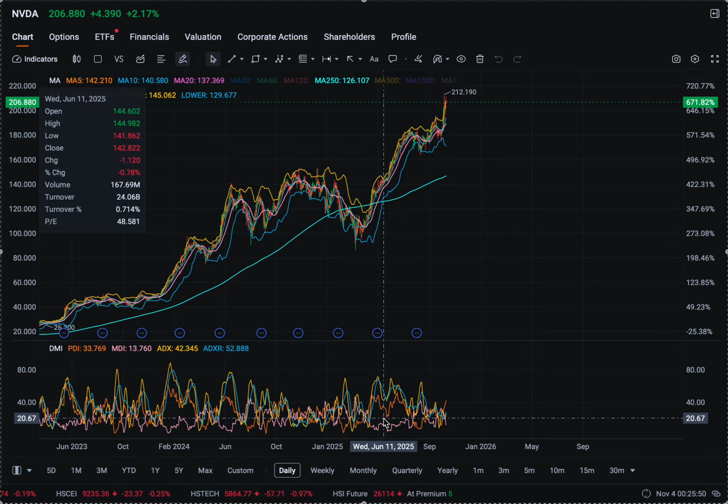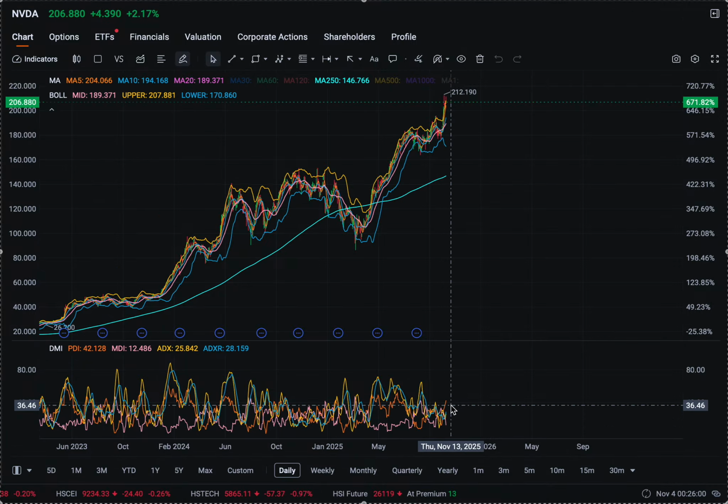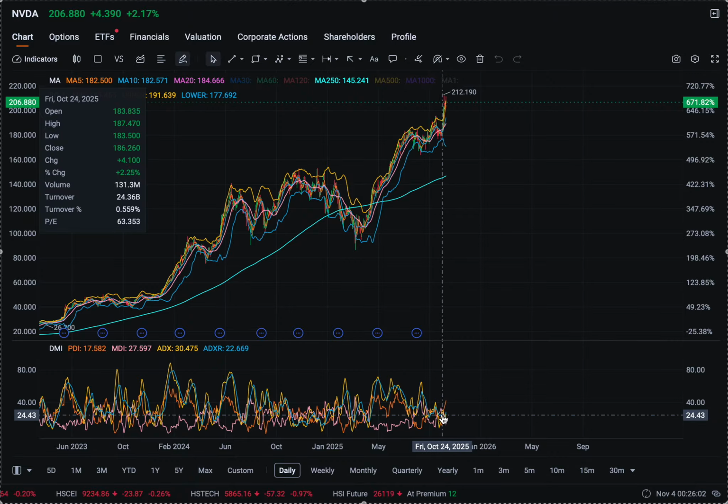So therefore, let's look at now. We see that the orange line, the bullish trend, is right here, crossing the pink, the minus trend, right?